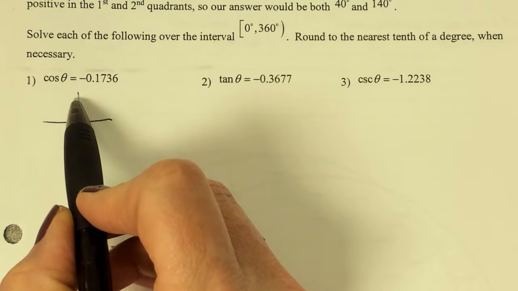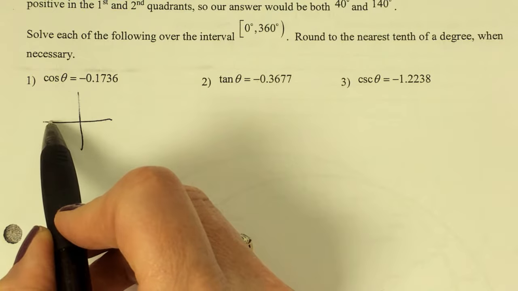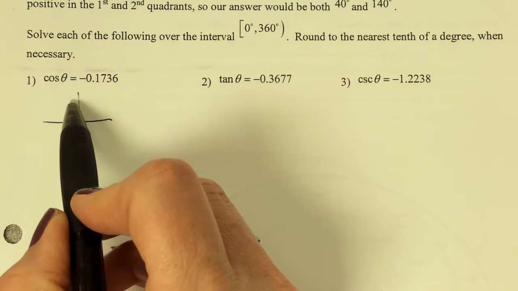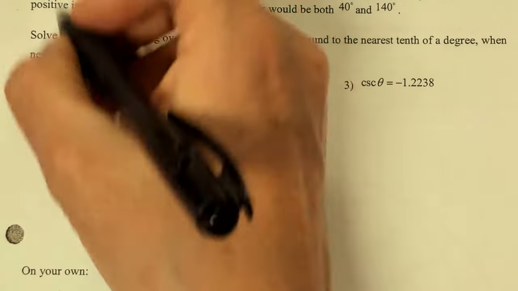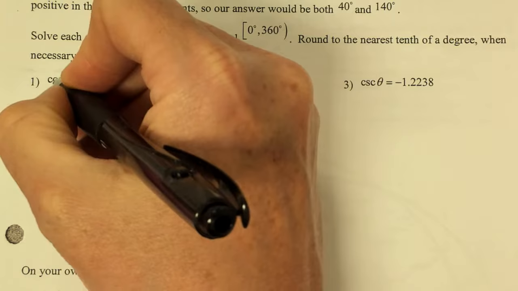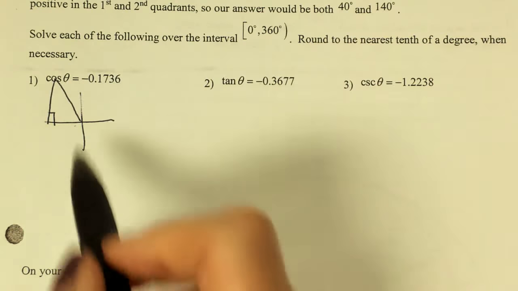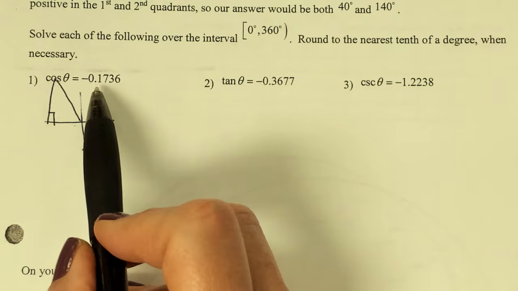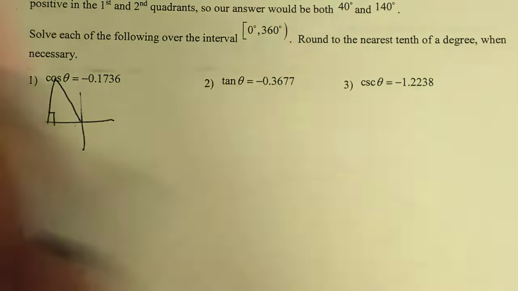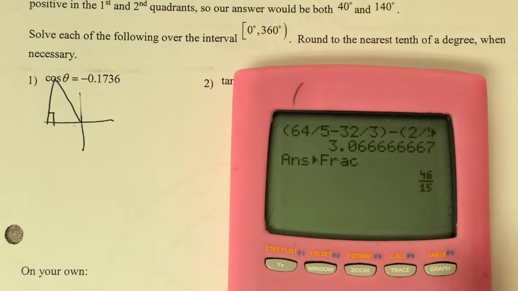What's our value right here for cosine? 0. What's our value here for cosine? -1. So this is a ratio that's really in between 0 and -1, right? So I know that this angle is going to look something like that. But this is not one of our special ratios, so I don't know exactly what it is. I can use the calculator to figure it out.